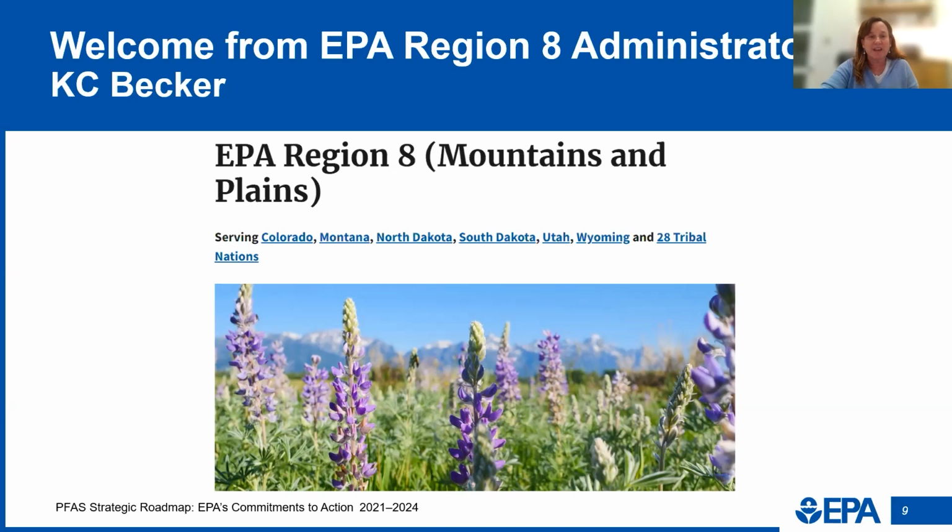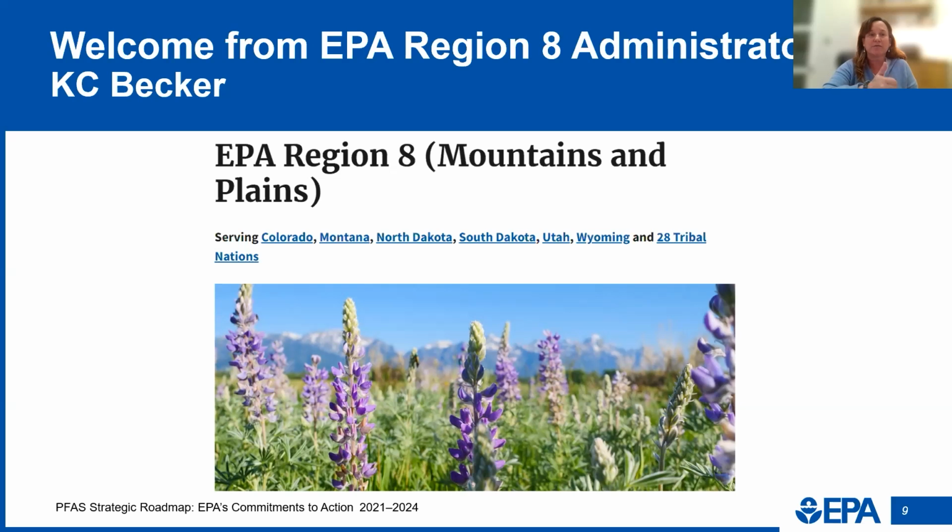We know that many of you have experienced PFAS contamination in your communities. Firefighting foam containing PFAS chemicals has impacted public water systems and private wells in several areas across Region 8. This has led to additional treatment, or in some instances, wells being removed from people's homes. EPA is working to address these chemicals using our PFAS Strategic Roadmap.